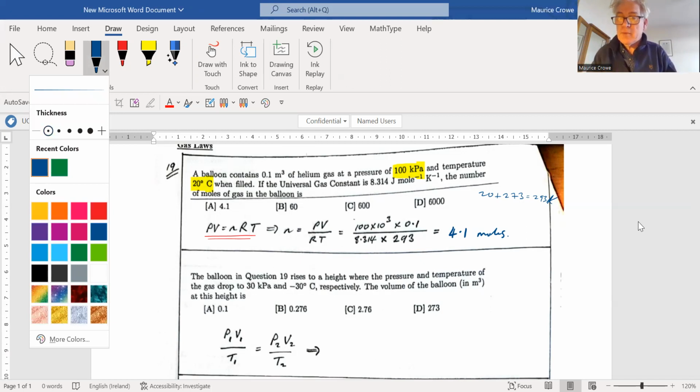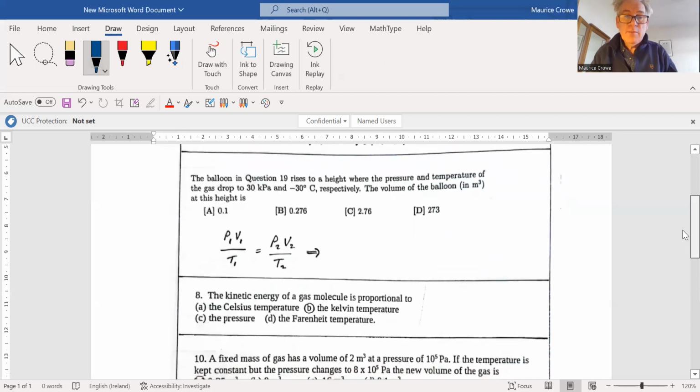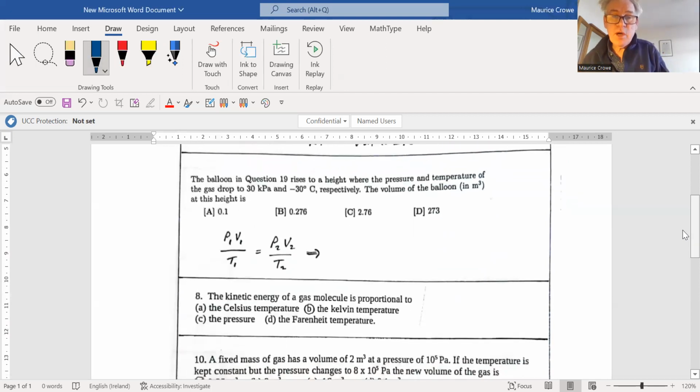Now, the balloon in question 19 rises to a height where the pressure and the temperature of the balloon change. So there's a change here then. 30 kilopascals. You've got a new pressure, P2, and new temperature, T2, and you have to get the new volume. So you're looking for V2.